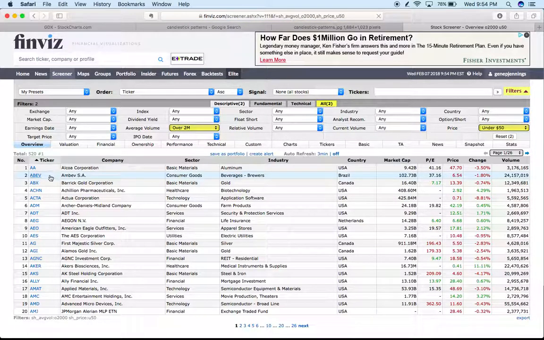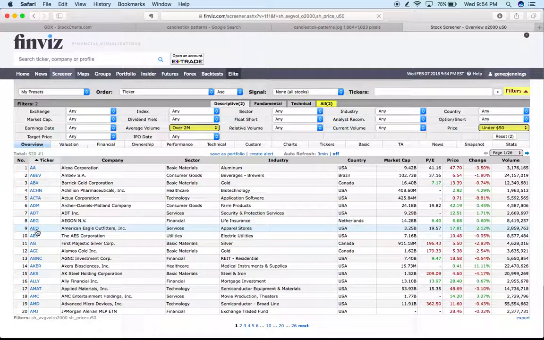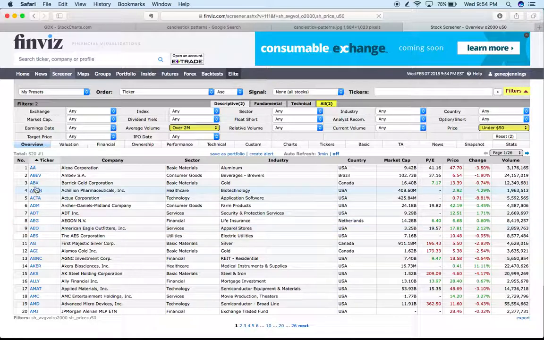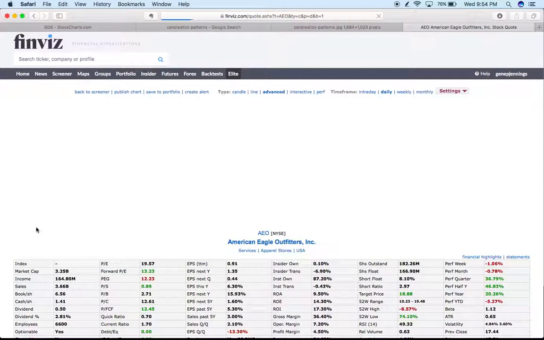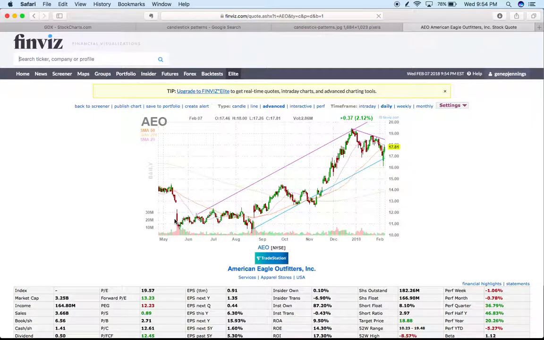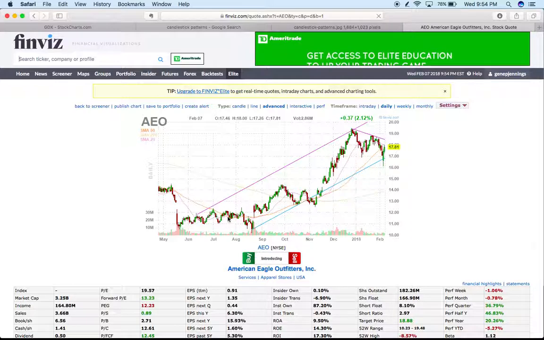And then you can just start scanning over and looking at stocks. Sometimes, I don't know if it's my computer or FinViz, they're supposed to pop up right here. And if it doesn't pop up like it should, you just click it and it takes you there. So there's American Eagle. And that's a good looking chart.